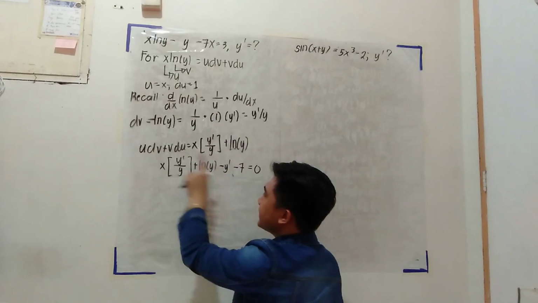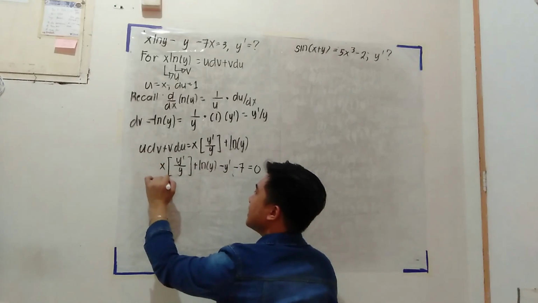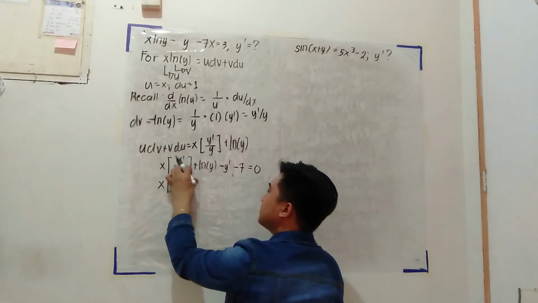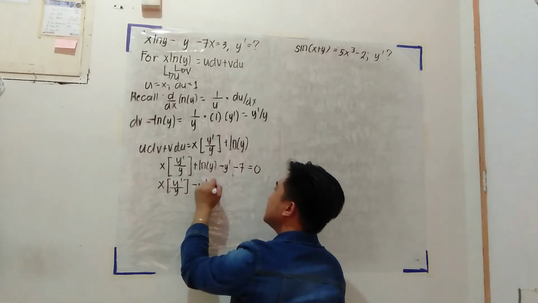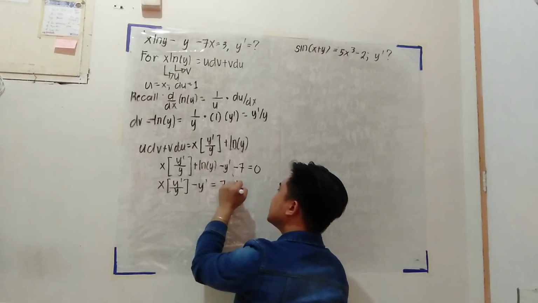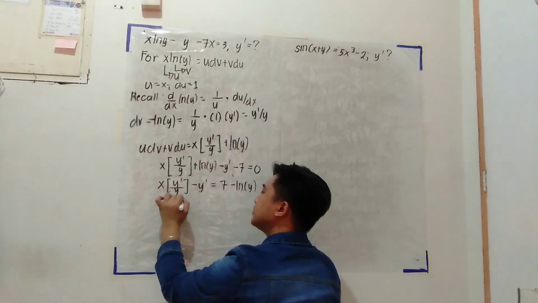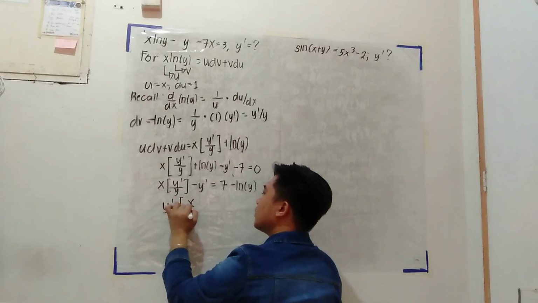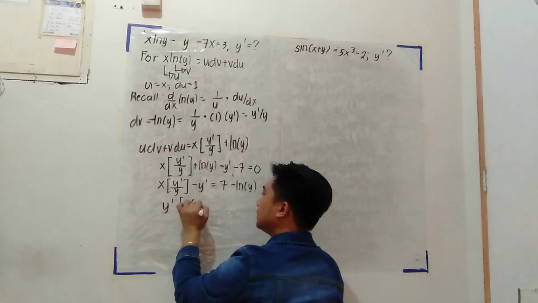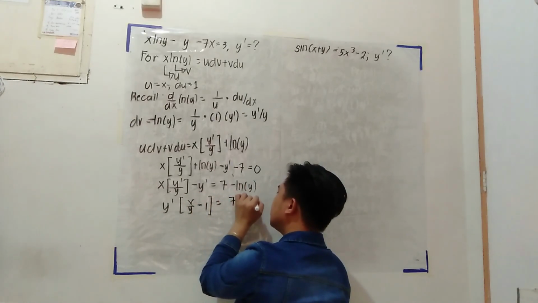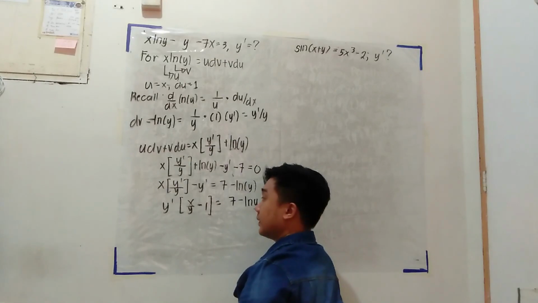So, kung i-isolate ko yung may common terms, I have here x y prime over y minus y prime equals 7 minus ln of y. Okay, so y prime quantity x over y minus 1 equals 7 minus ln of y. Okay?